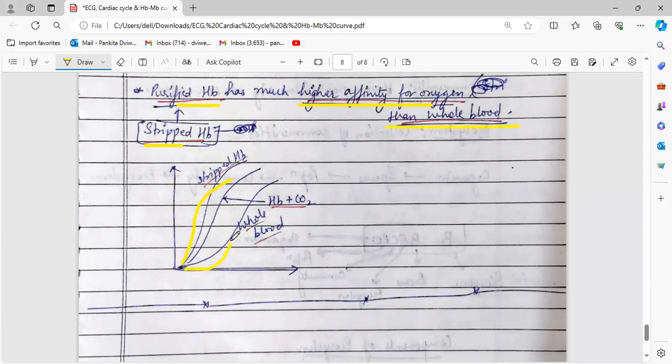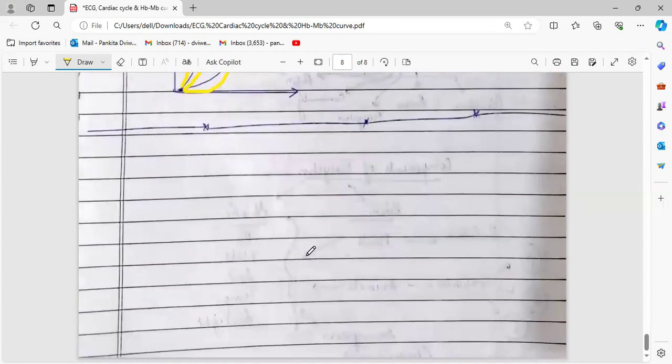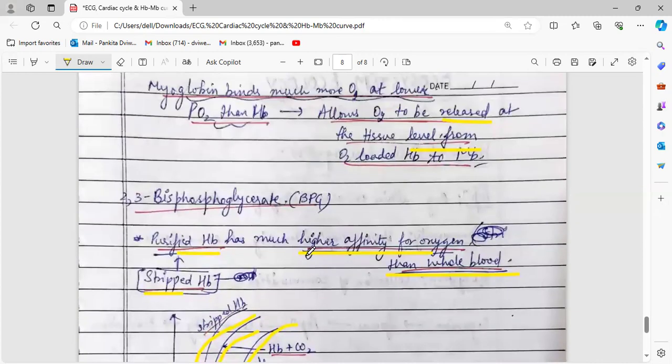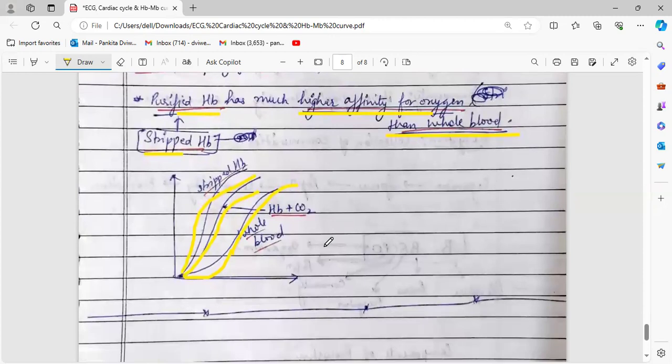Whole blood's graph is this lower sigmoidal curve. Hemoglobin attached to carbon dioxide is somewhere in between, while the stripped hemoglobin, that is the purified hemoglobin, is somewhere above.